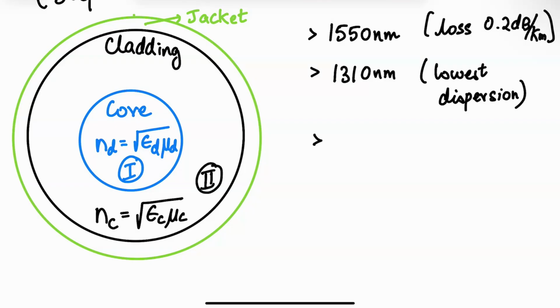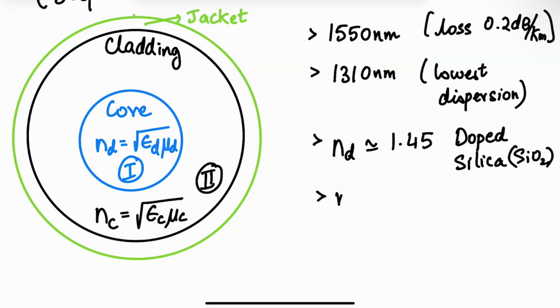Typically n d for the core is approximately 1.45. That's the refractive index. The material is some kind of doped silicon dioxide, sometimes also called silica, which is nothing but silicon dioxide.